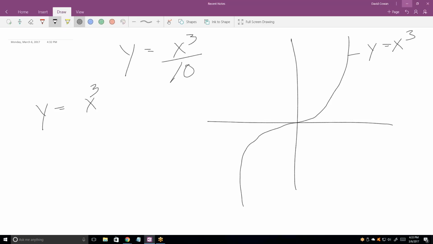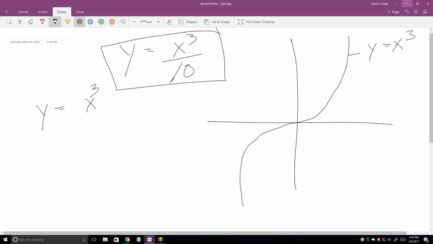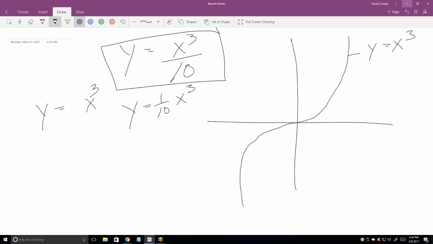How does this function differ? Is it not a stretch, but almost a shrink of 10? By how much? 10. In other words, I can rewrite this as y equals 1/10 x cubed. Same thing, right? Now the 1/10 is a multiplier, and since it's less than 1, it's a shrink.